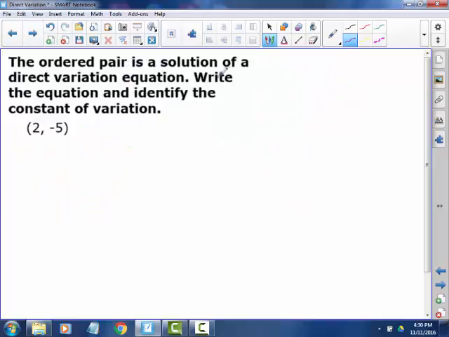The ordered pair is a solution of a direct variation equation. Write the equation and identify the constant of variation. Okay, so now they're telling us this is the solution of a direct variation equation. We know from our previous slide that y equals kx would have to be the formula.